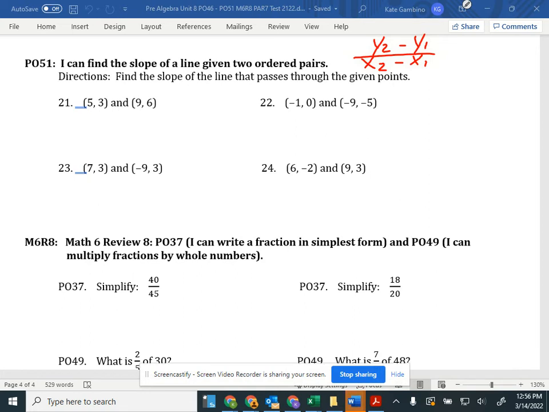And whatever you chose to be your 2's, whatever y was with the 2, the x has to be with the 2. So for number 21, I did 6 minus 3 over 9 minus 5, y2 minus y1 over x2 minus x1, and I got 3/4.